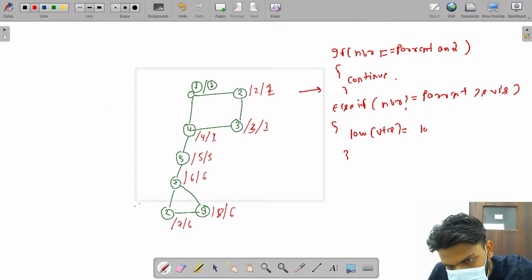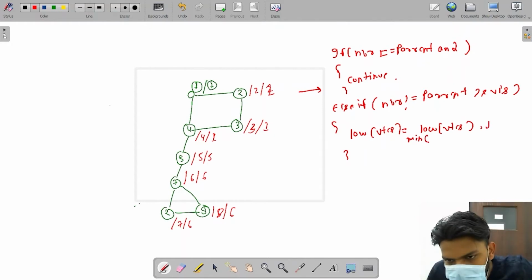Okay, we update our low value to the min of our low value and the discovered value of our neighbor.